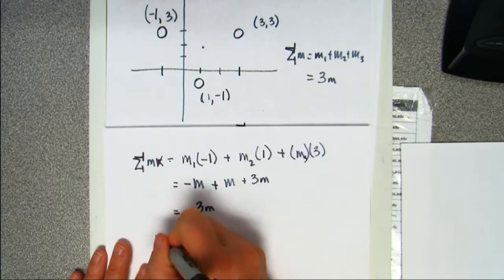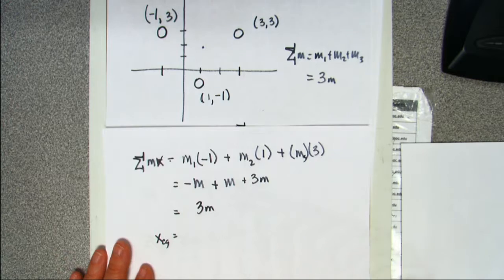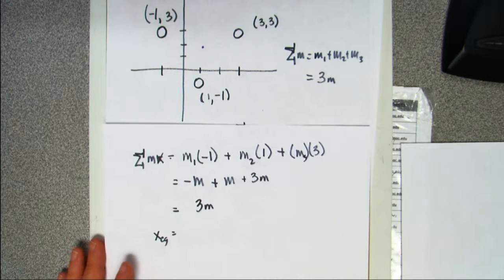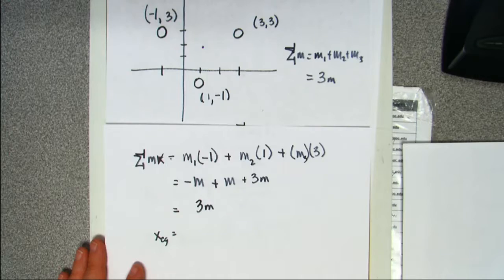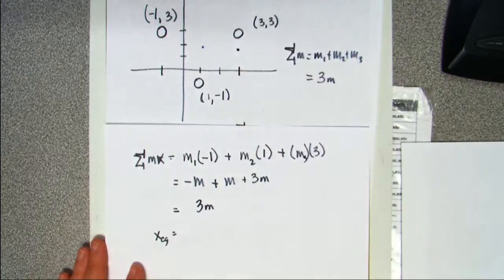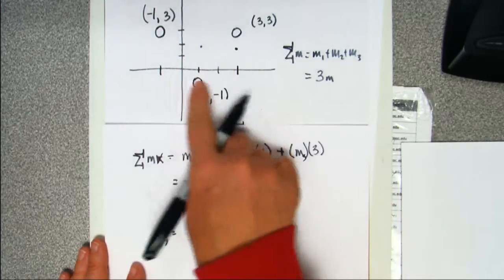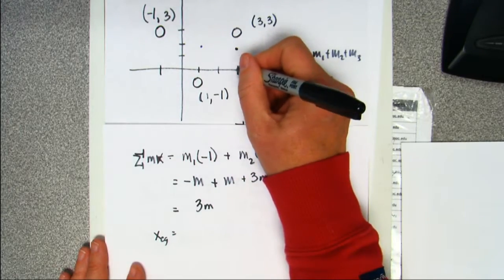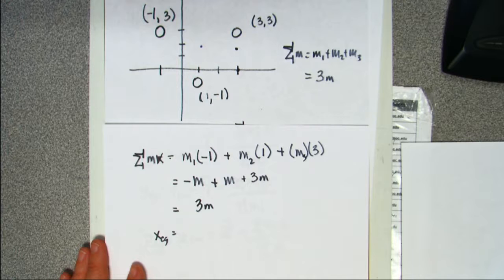And my x center of gravity, that's why I said something doesn't look right here. Because this is telling me my x is over here. That's the y position, though. Well, it's telling me my x is going to be at 3 over here.